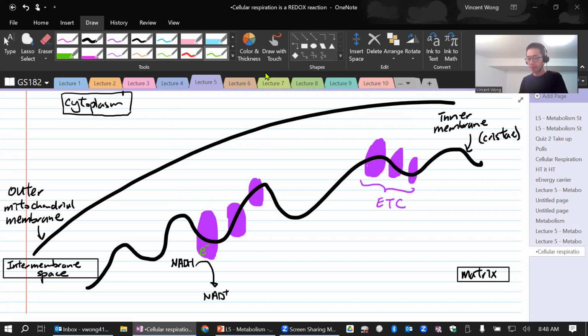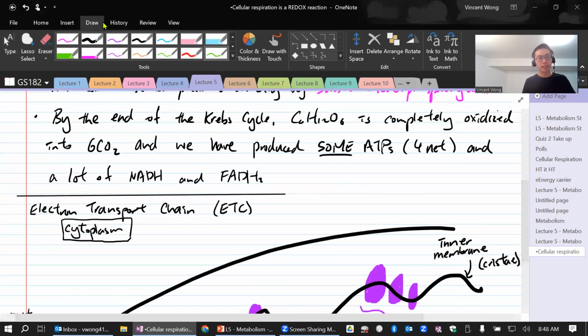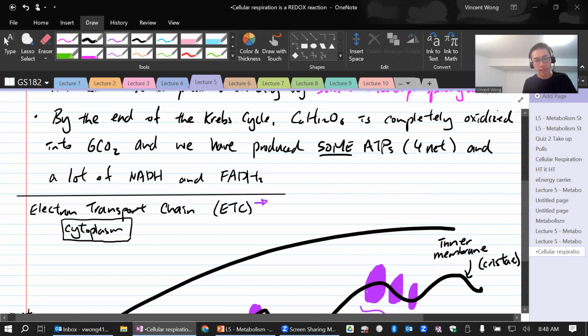Maybe I can write it down for you. Let me silence my phone so it doesn't bother us. Let's go back here for a second. The electron transport chain is basically a group of membrane proteins found in the cristae.